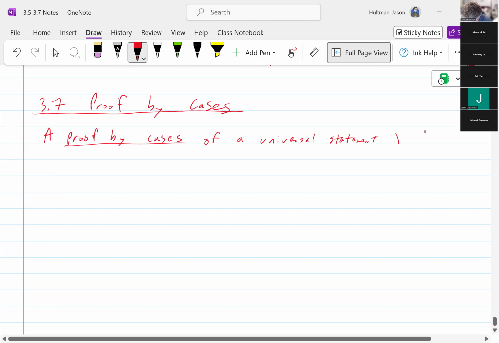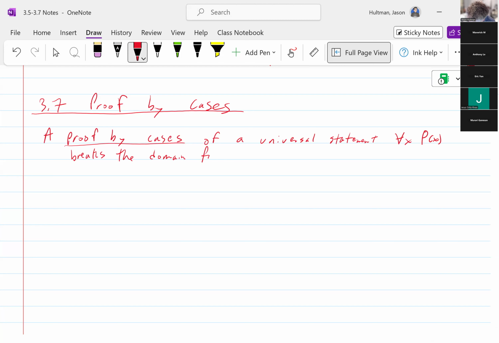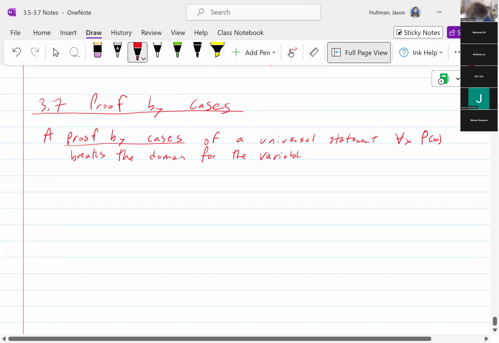For a for-all statement, for all x, P of x occurs, you break the domain for the variable x into different classes and give a different proof for each class.